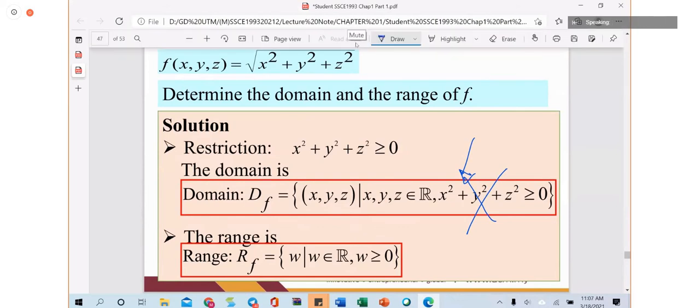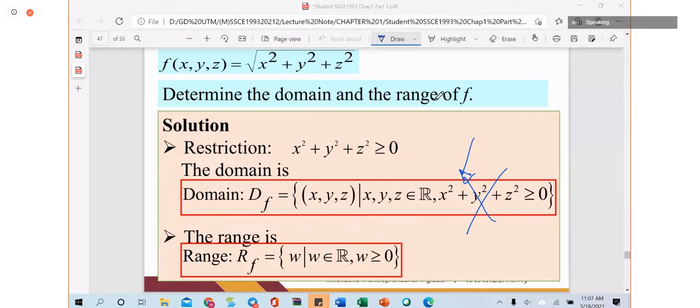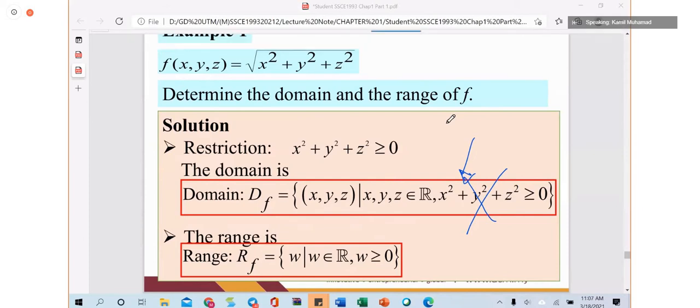Because of the power 2. Because square root 0 equals 0.